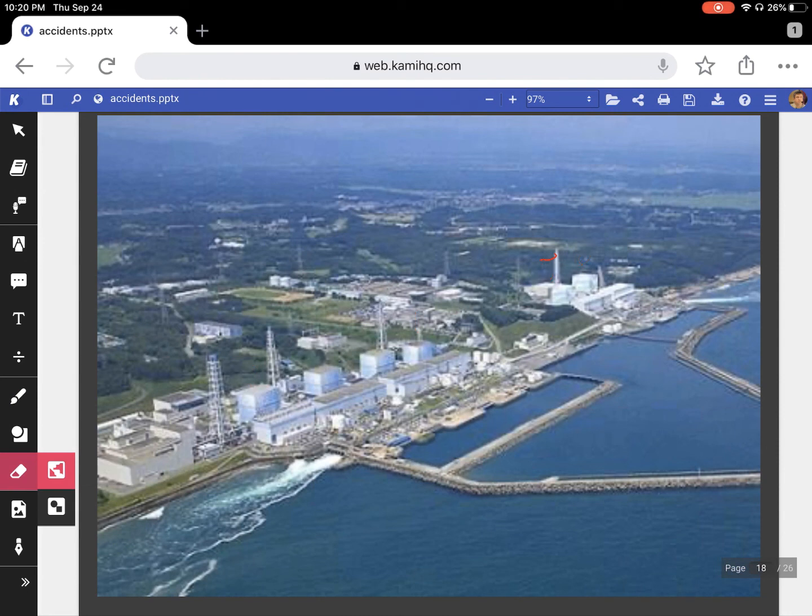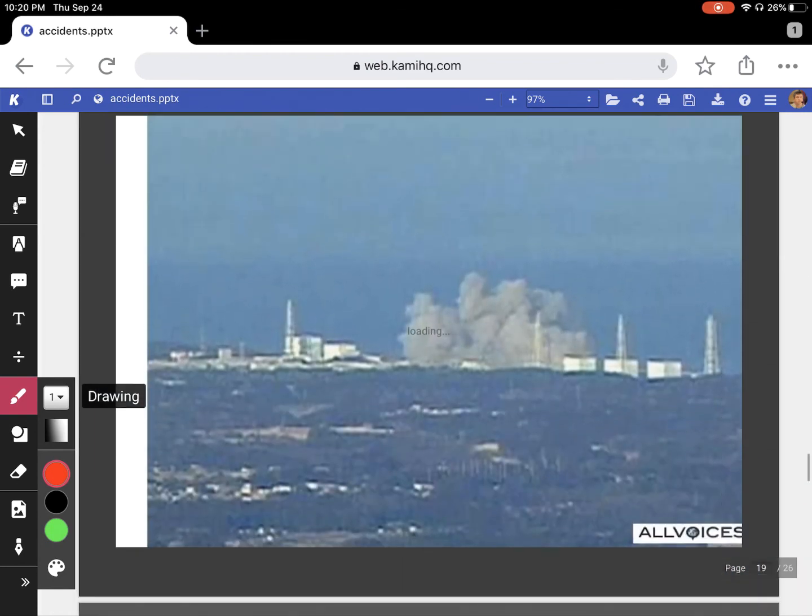And so the tsunami wave washes on shore and takes out all of the backup power systems, which were located right along the coast, takes out the primary power system. So basically you had no way to control or cool the reactors, and they started to explode.